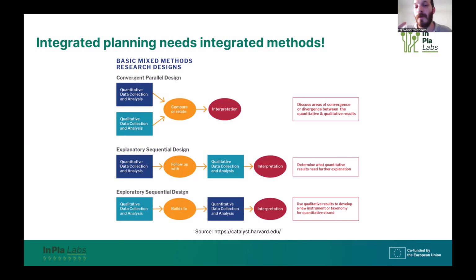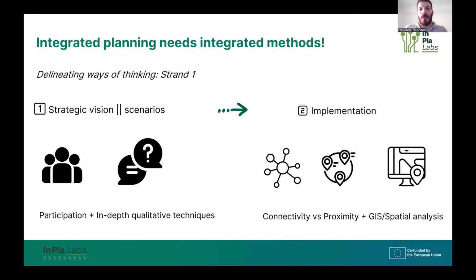So that's why we bring that to the table, and we can see these three ways of thinking when we talk about mixed methods. Hence, we wanted to delineate some ways of thinking based on what I described before. And these kinds of strands of thinking are really easy to explain and could be very helpful for anyone that wants to get into integrated planning.